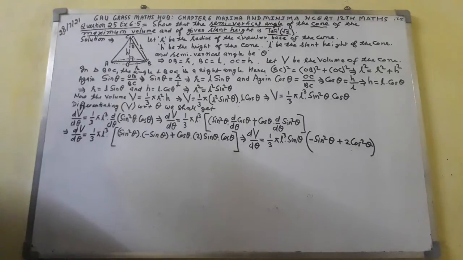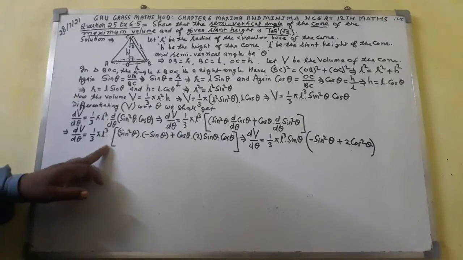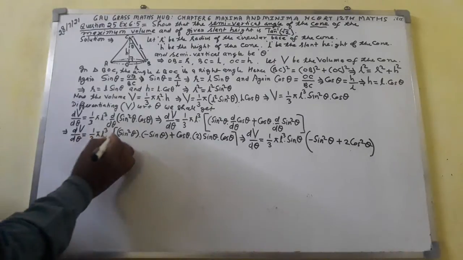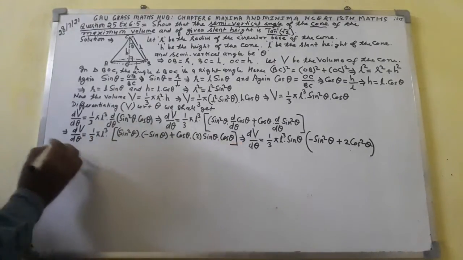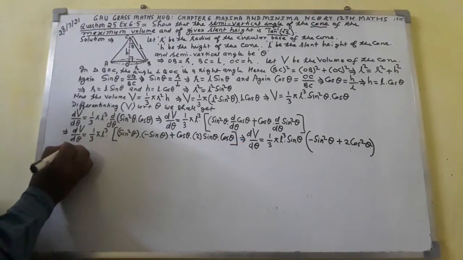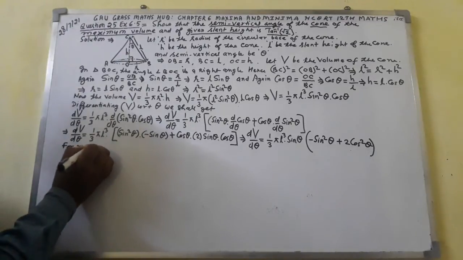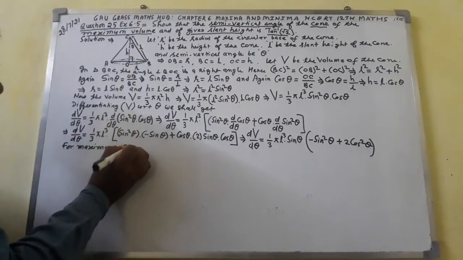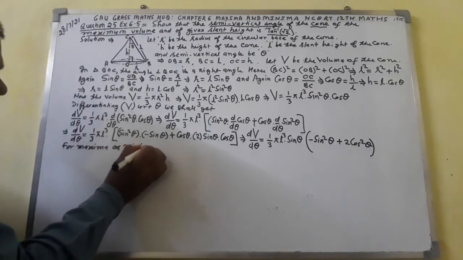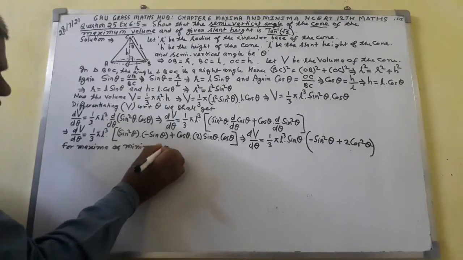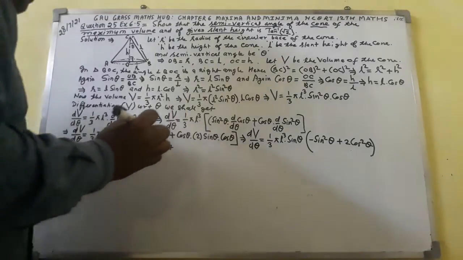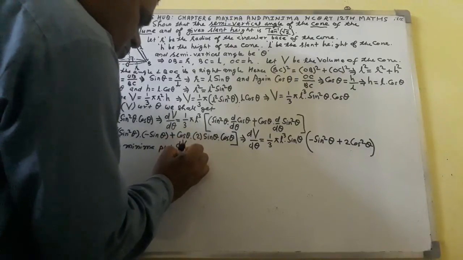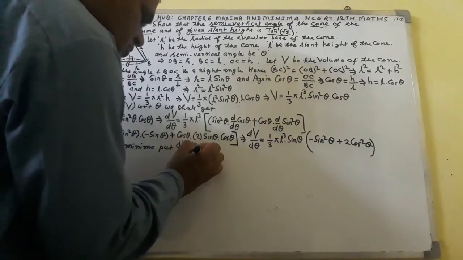What to do next? Next I shall write, for maxima or minima, put dV over d theta equal to 0.